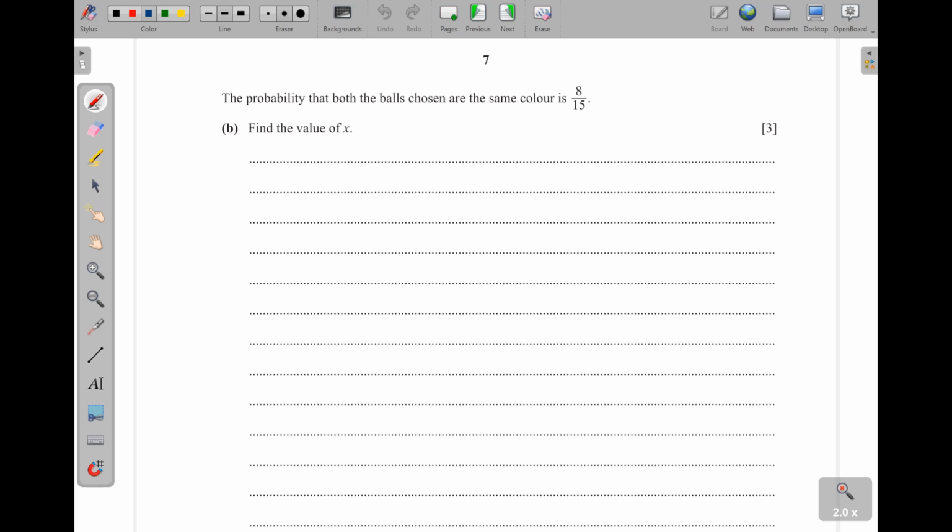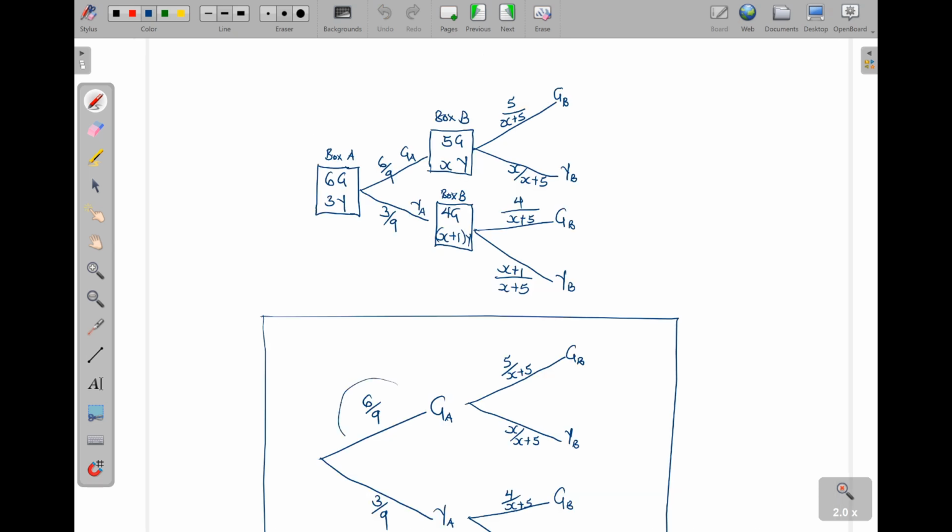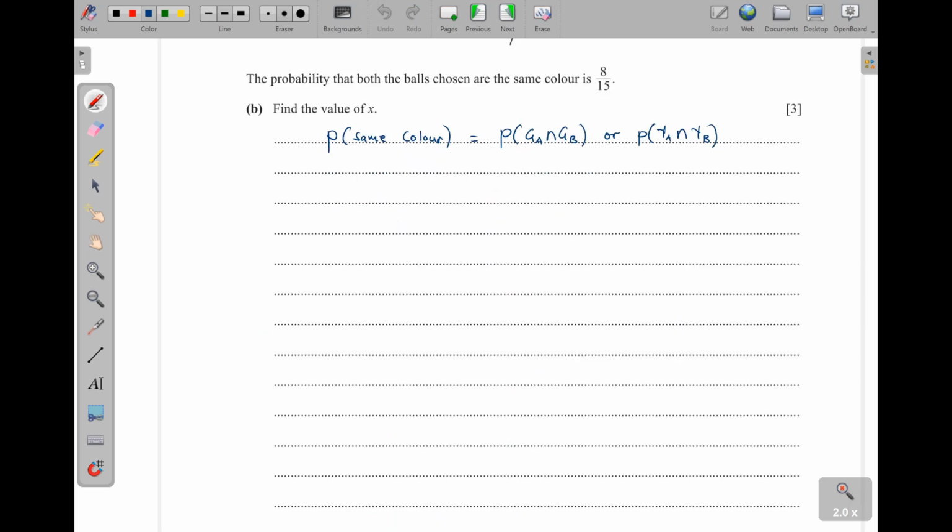So if we are getting the probability of the same color, this can be when you are picking green, let's say from A, and then green from B, or you are picking yellow from A and then also yellow from B. So meaning I will have green from A and then green from B. So we are picking here and here. That is 6/9 times 5/x plus 5.